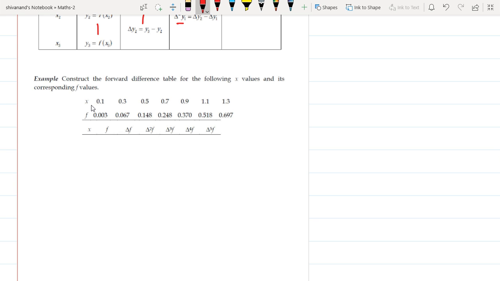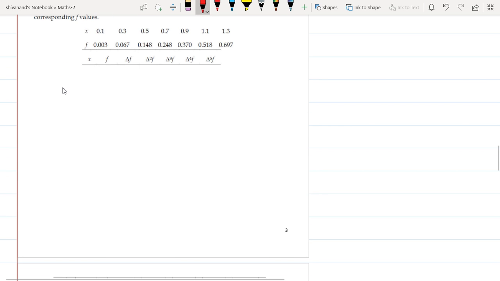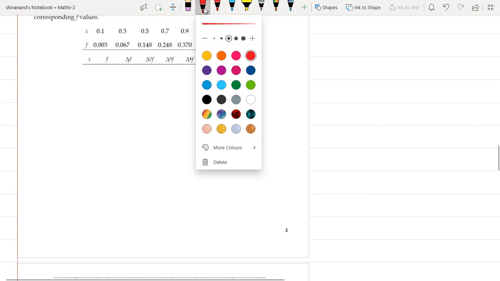Construct the forward difference table for the following x values and its corresponding f values. What is the x value given? When x is 0.1, it is 0.003. When x is 0.3, it is 0.067 and so on.